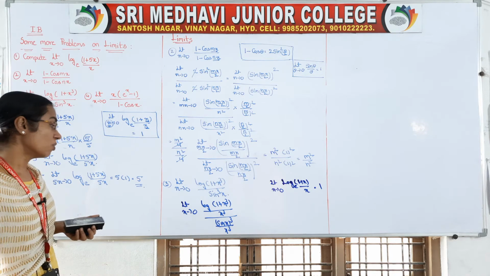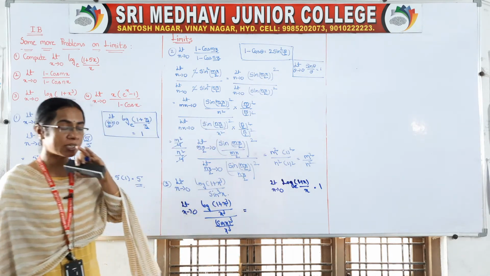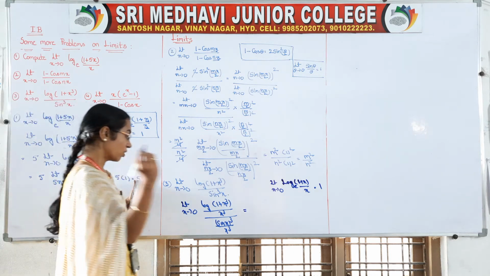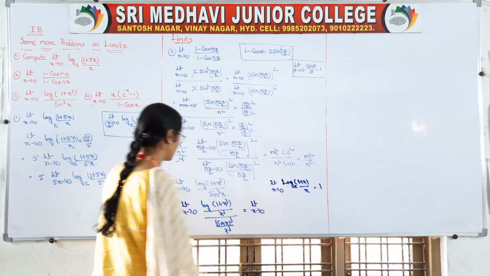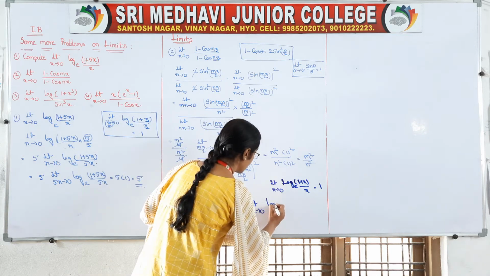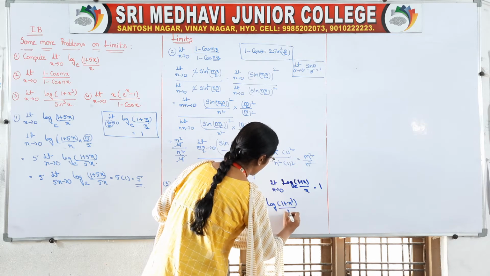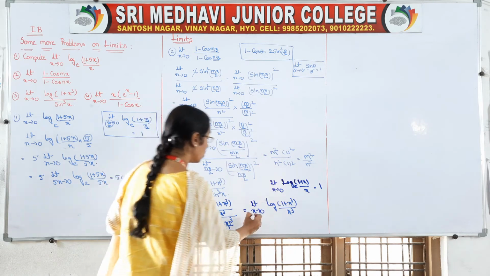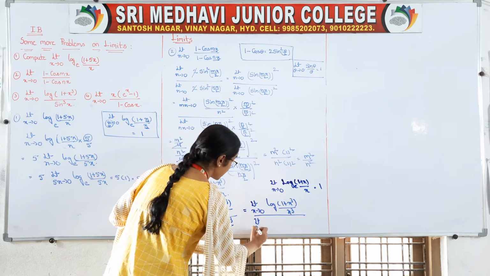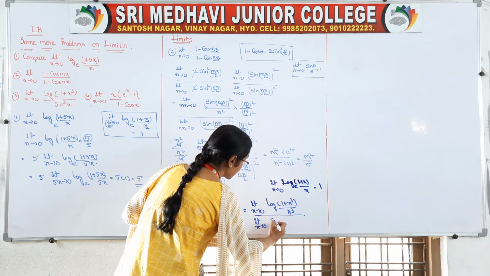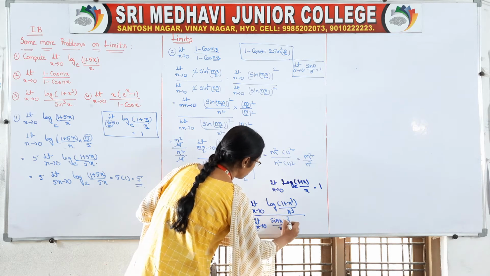Okay, so now you write the limit for numerator and denominator separately. Okay, so how will we write? Limit x tends to 0, we can write this as log of 1 plus x cube by x cube, whole divided by limit x tends to 0, sine x by x whole cube.